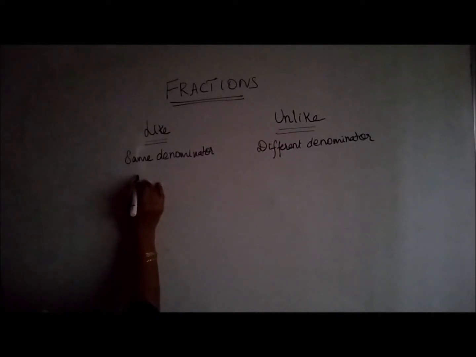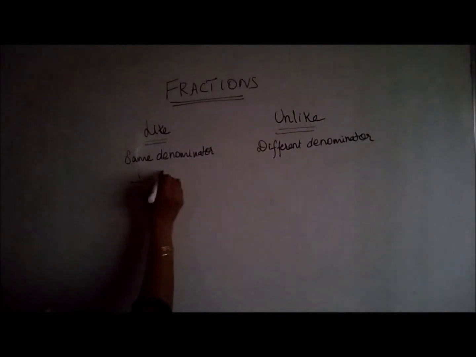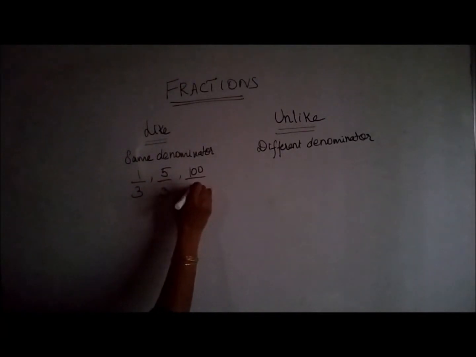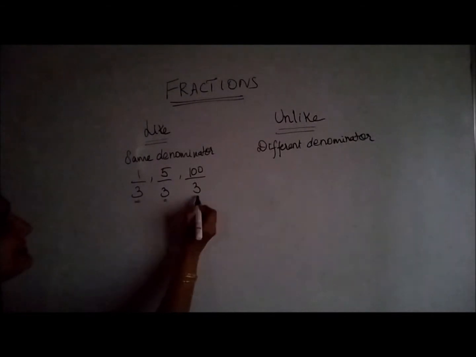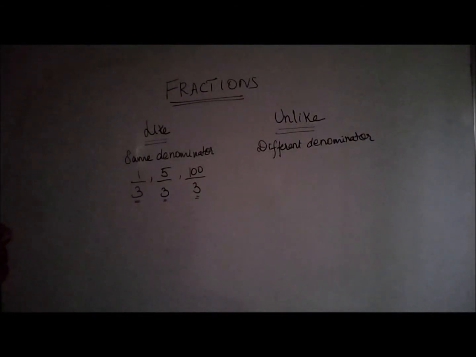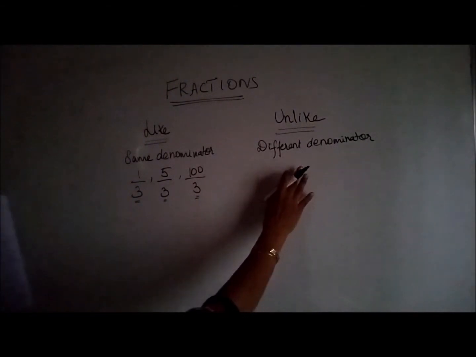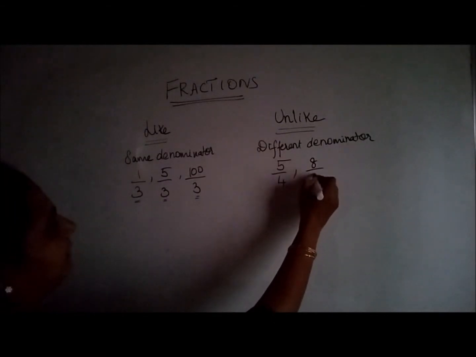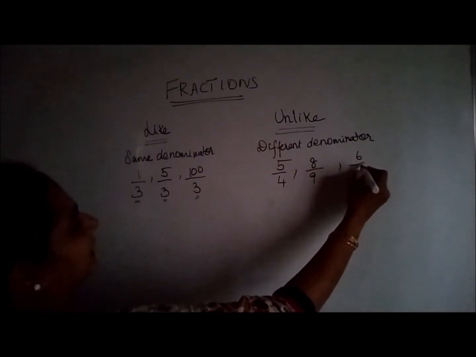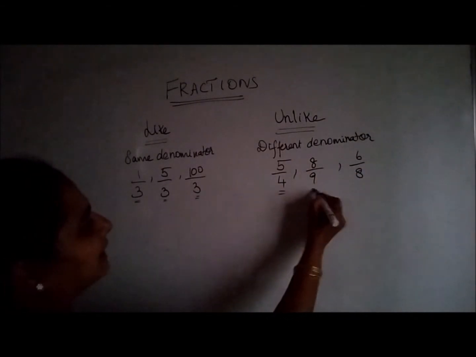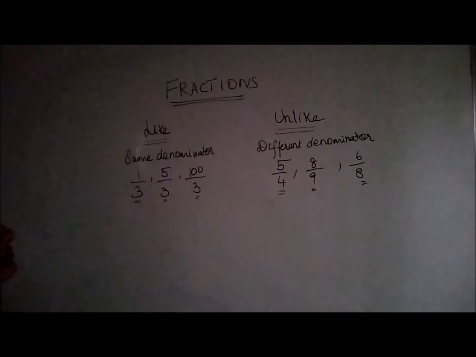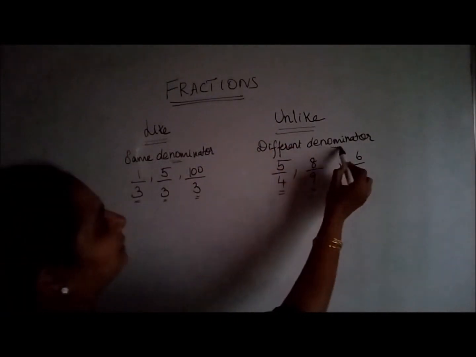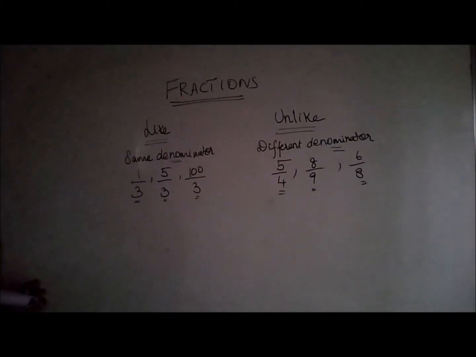Example, 1 by 3, 5 by 3, 100 by 3, all have same denominator 3. Unlike fractions with different denominators, 5 by 4, 8 by 9, 6 by 8, all these have different denominators. Like and unlike is based on the denominators only.